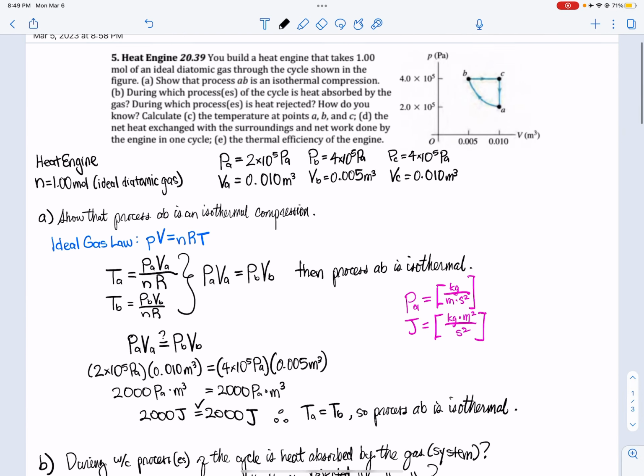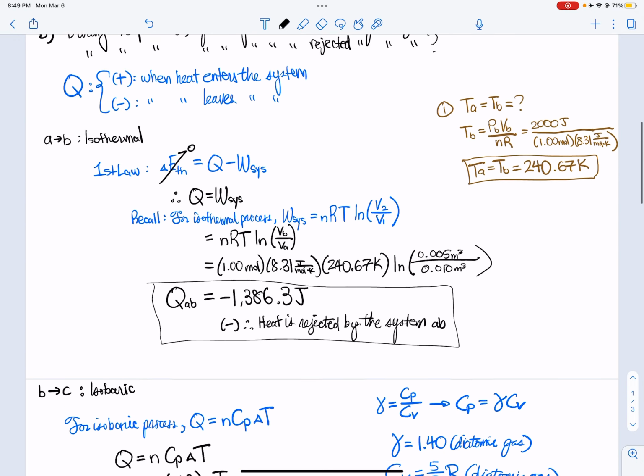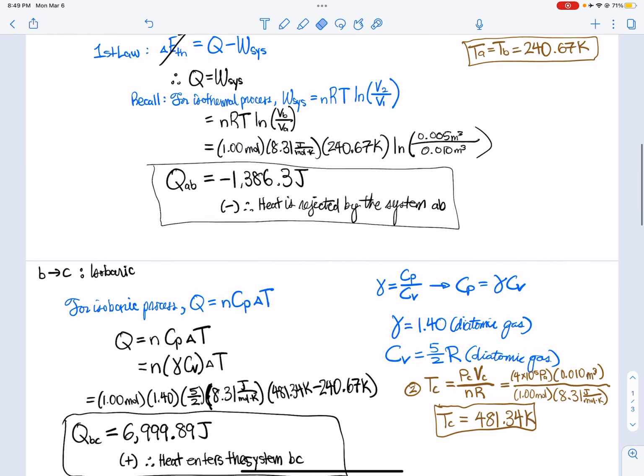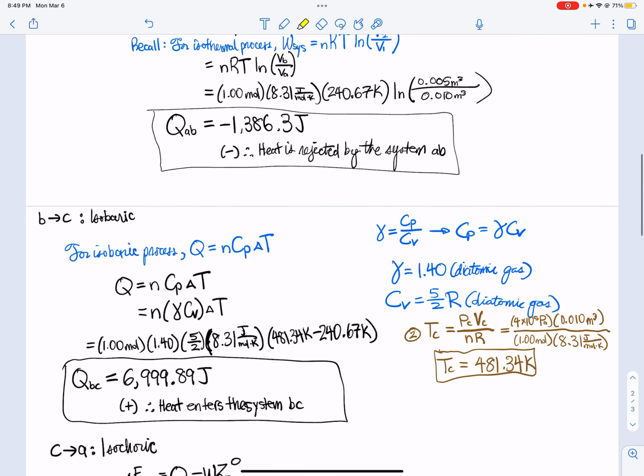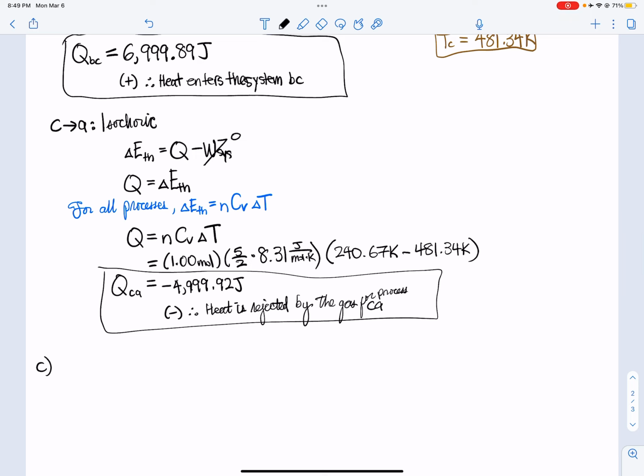What is part C of the problem? The temperatures. Calculate the temperatures at points A, B, and C. Guys, great news. We already did that. That was our side mission in part B to figure out heat transfer. So pretty much that's the answer for that, right?